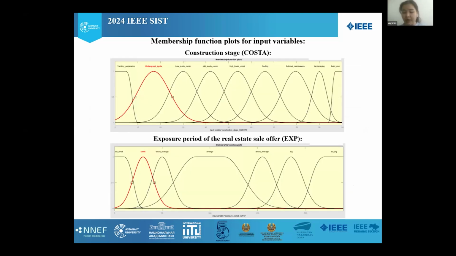So the fuzzy inference system of MATLAB allowed us to obtain membership function plots for the variables shown here, as well as to build and implement a MATLAB-based fuzzy inference algorithm, particularly in determining group input factors for real estate prices.